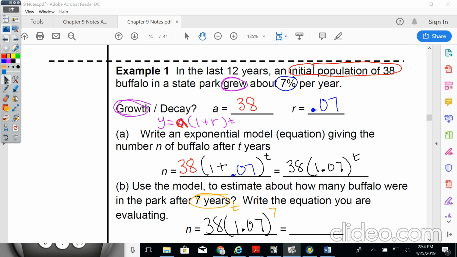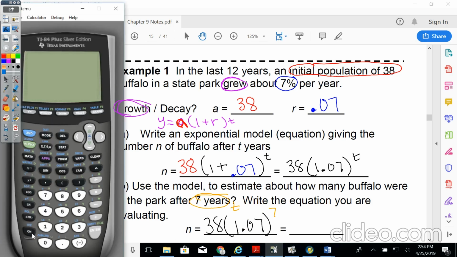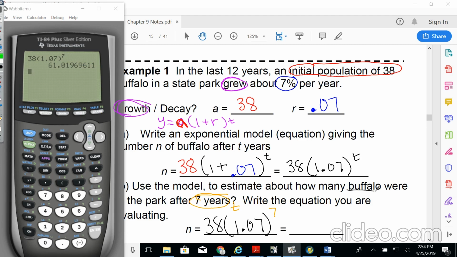Now grab your calculators and just enter that in the calculator, 38 times 1.07 to the 7th power. And we get that decimal, 61.096, but we're talking about buffalo here, so we just round it to the nearest one. We say approximately 61 buffalo.